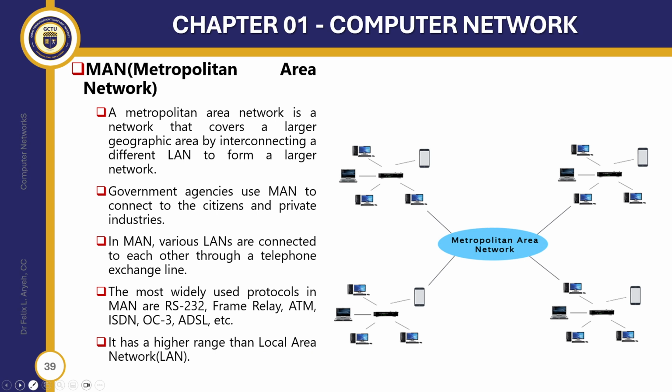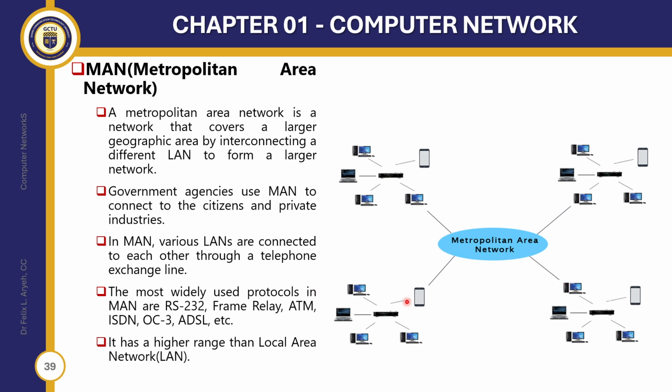Now, the next type of network is the MAN, which is the metropolitan area network. A metropolitan area network is a network that covers a large geographical area by interconnecting different LANs to form a larger network. So, this is one LAN, there's another LAN, there's another LAN, and there's another LAN.